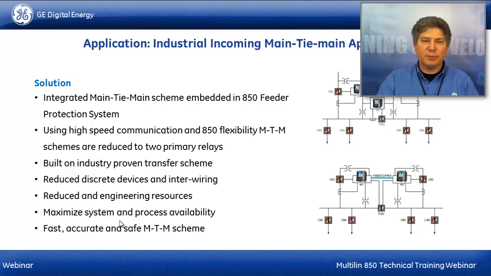So we have high-speed communications between the relays as opposed to doing hard wiring. So 61850 once again allows us to cross that bridge without doing all the hardware wiring. We have built-in scheme, MTM, main time main schemes built into the programming of the relay.